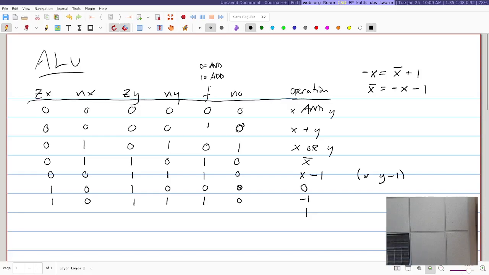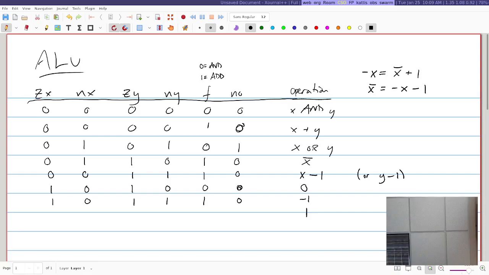However, this is negation in the sense of flipping all the bits, not in the sense of taking the negative of the number. So this will generate the binary string that's all ones. If we negate it, it'll just flip all the bits and we'll get 0. So good idea, but that doesn't actually work.